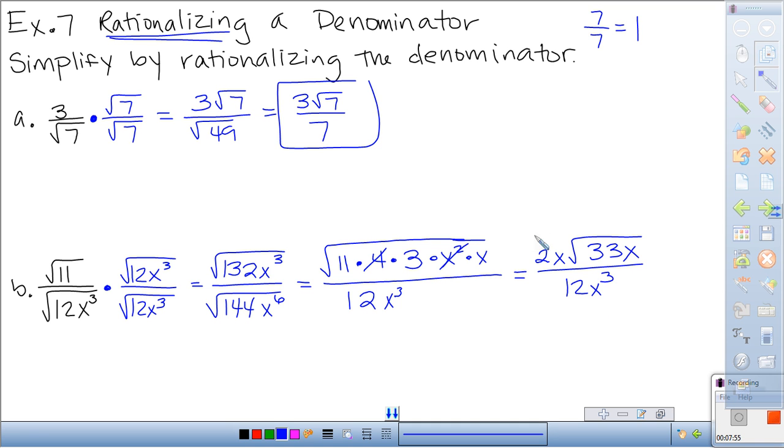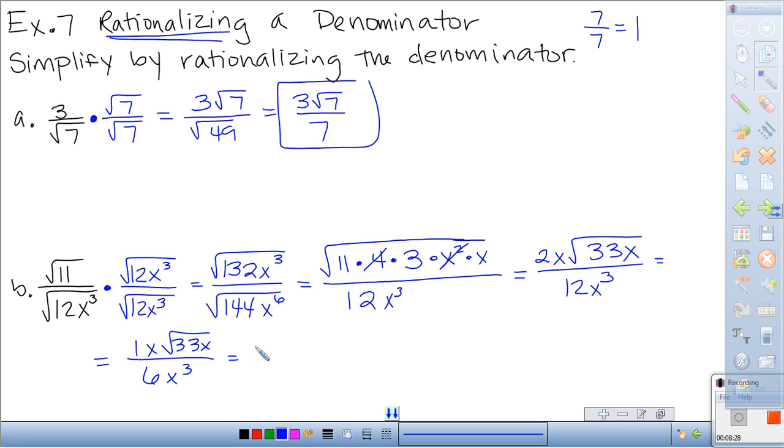Okay, now on this one, we can still simplify. So we want to go ahead and keep simplifying as much as we can. So I have 2 divided by 12. That simplifies to be 1/6. So basically, we just get rid of that number on the bottom. Actually, I'll go down here and start working. It's 1/6, so it's 1x square root of 33x over 6x cubed. And then we both have an x here. So if we were to use our rules from Chapter 8, we know that we subtract our exponent.